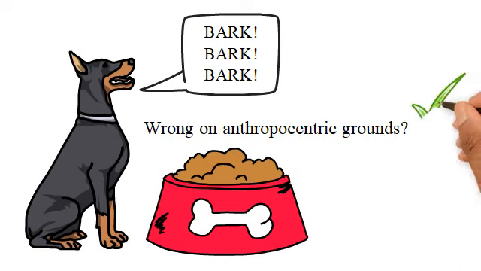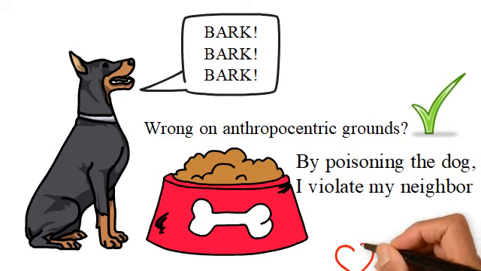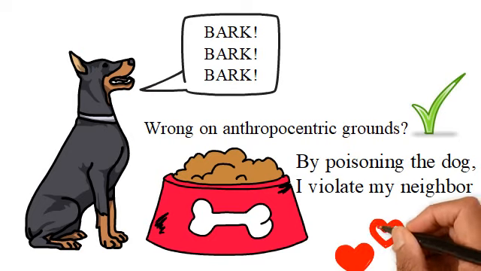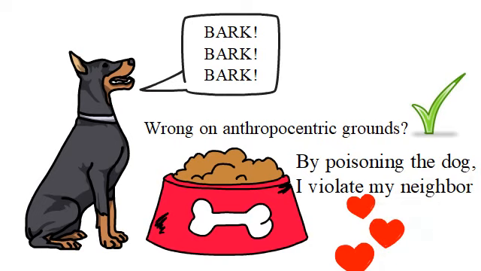It seems that we can. By poisoning the dog, I am violating my neighbor. My neighbor cares very deeply about the dog and cherishes the dog, so it is out of respect for my neighbor that I ought not to poison their dog. Notice here that according to the anthropocentrist, the dog does not have any direct moral standing. So, poisoning my neighbor's dog would be wrong for the same reason that throwing the computer out the window would be.